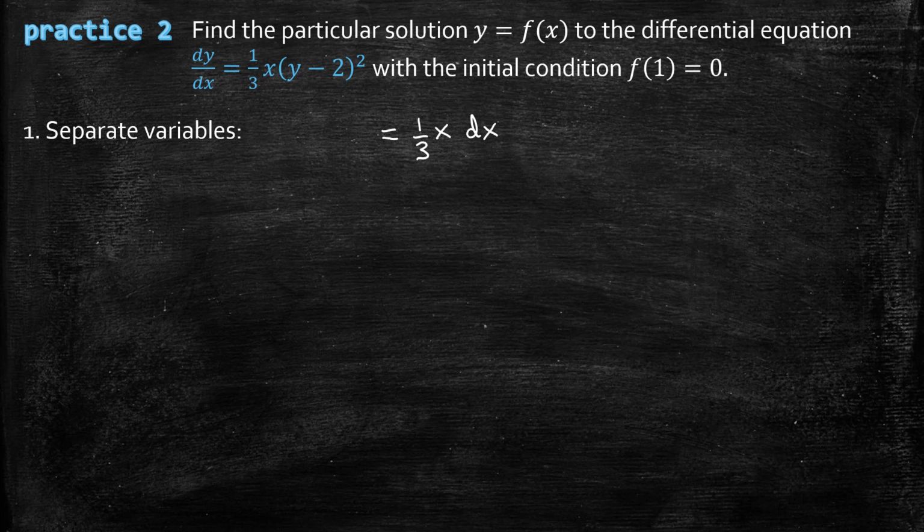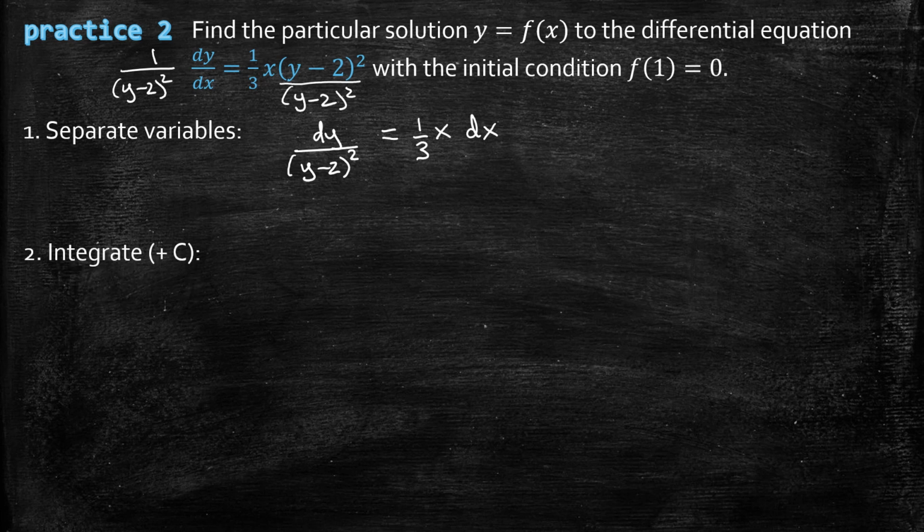What you realize is you've got y minus 2 squared here, so you will obviously want to divide by y minus 2 squared on both sides. Sometimes people will separate the variables and write something like this, which is true as well, but it's important to be able to break that up, as we'll do in the next step.